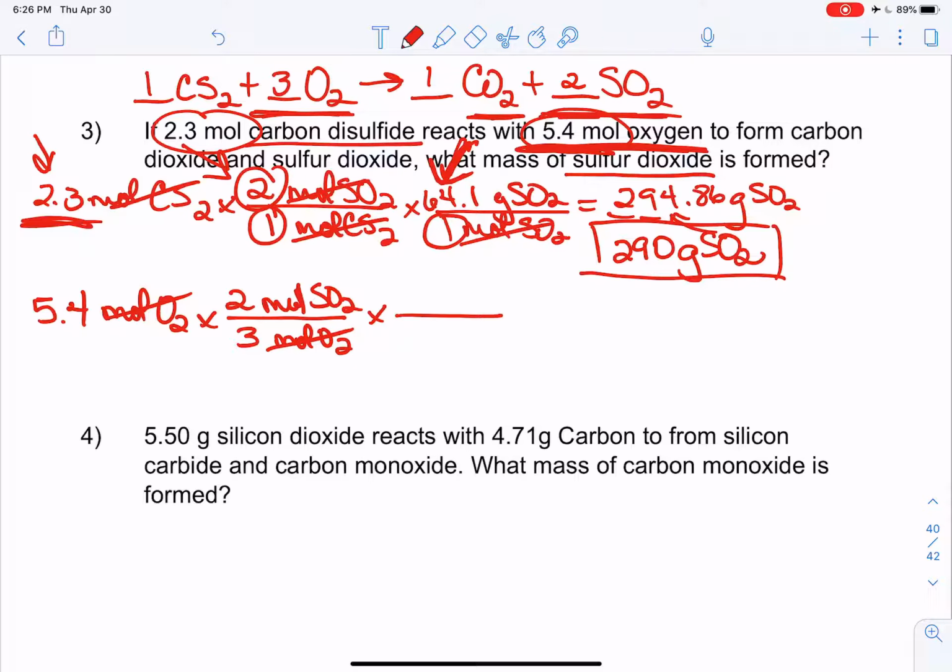And then we said if you've got 1 mole of SO2, that's going to be a mass of about 64.1 grams of SO2. So our moles of SO2 cancel out. And if we calculate that out, what we'll see is that we get 230.76 grams of SO2.